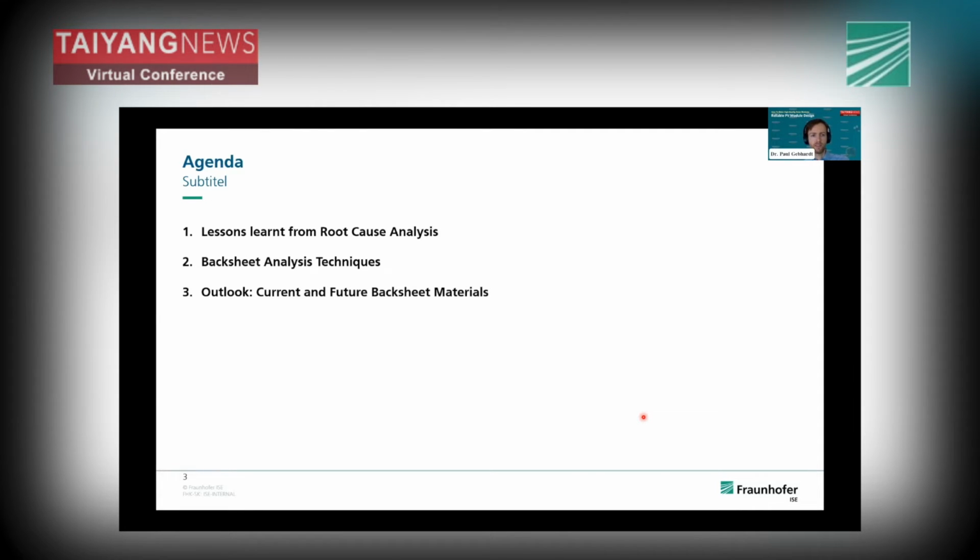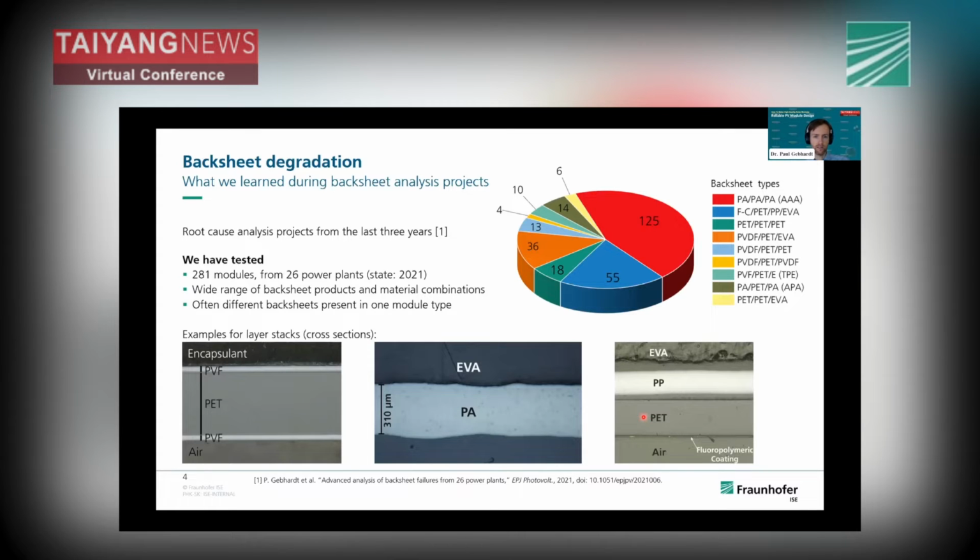So let me start with our findings. Last year we accumulated what we learned from a lot of failure analysis projects in a publication. We saw that we had tested almost 300 modules from 26 different power plants, and we saw a wide range of backsheet products and material combinations in these projects.